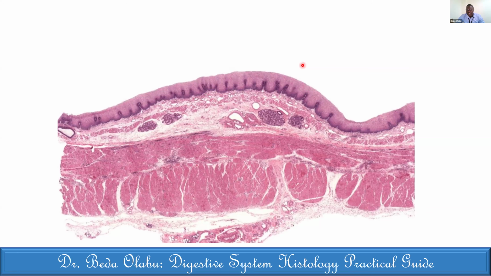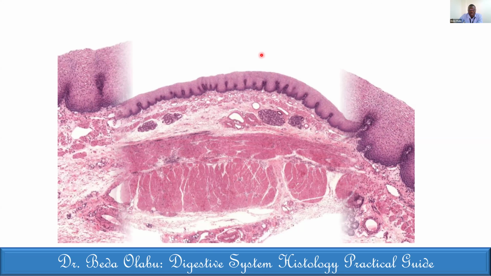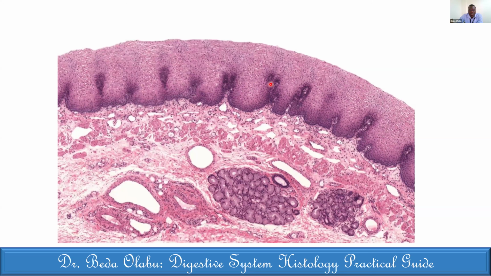And I'll actually just skip to those two. That from here to there is the mucosa. At this magnification, we confirm that the epithelium is stratified squamous non-keratinizing epithelium. So that rules out most parts of the alimentary canal.